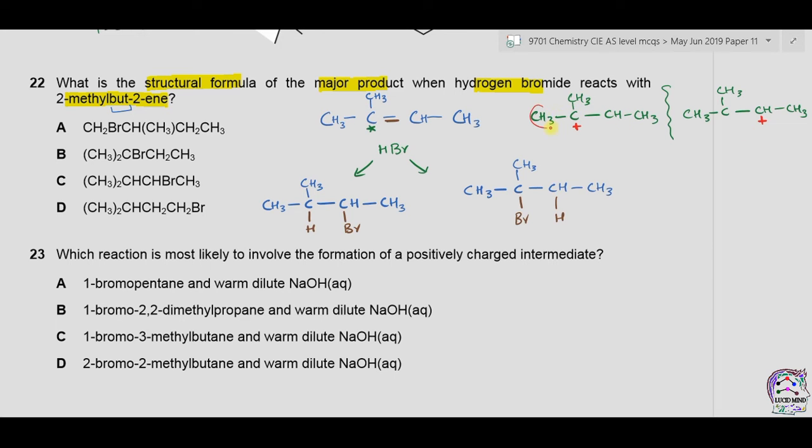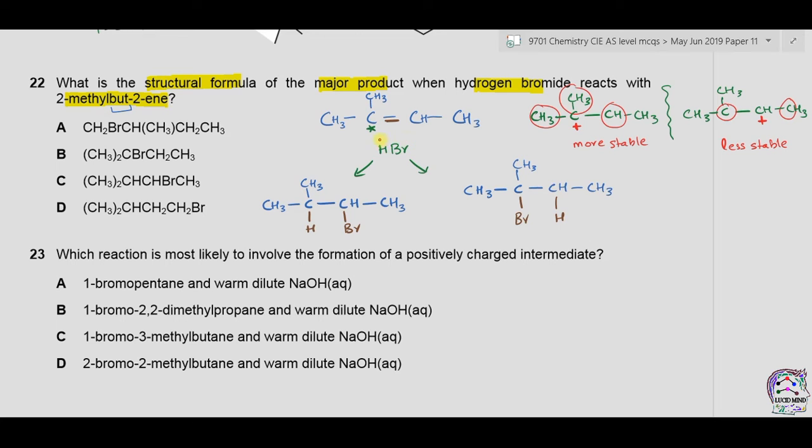Now we can see that with this carbon there are 3 methyl groups directly attached. So therefore this is a tertiary carbocation. It is more stable as compared to this one, in which the carbocation is attached directly with 2 carbon atoms. So it is a secondary carbocation.